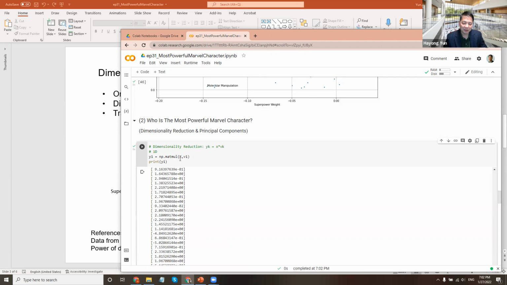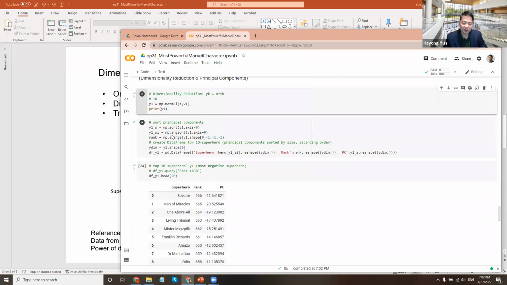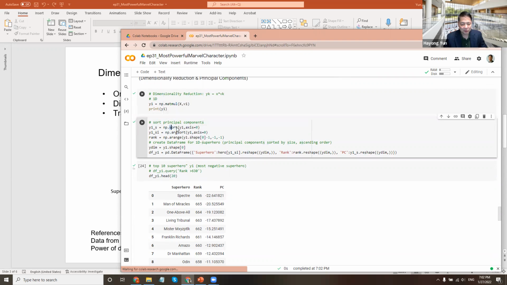That is multiplying the x with the v1, the eigenvector. And we sort them from the larger to the smaller principal components. You have to sort and get the index so that I can create a data frame that has the superhero name, then the rank, and then the principal component value.